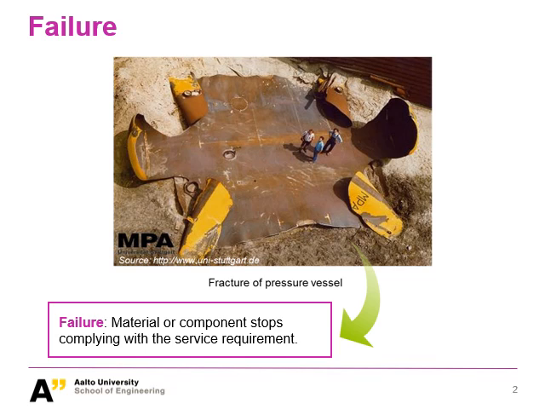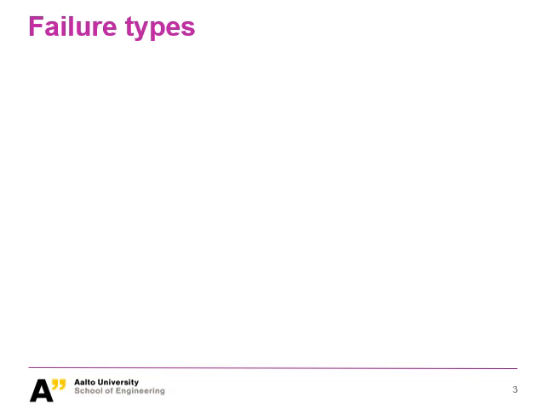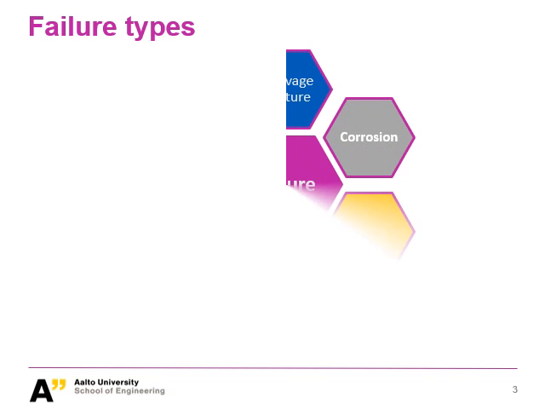If something cannot comply with the service requirement, we call it failure. Here I'm showing you fracture, but you will probably see failure is not always just a fracture. So that is our introduction about failure types.